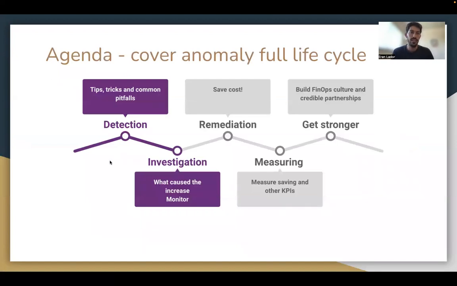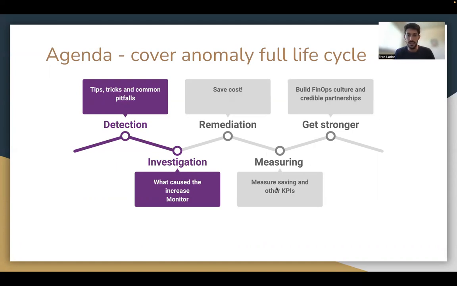So we're here to speak today about anomalies, anomaly detection, and spikes in cost. In this 20-minute session, I'd like to cover the entire life cycle of an anomaly. It starts with detecting, understanding that something has happened, and then we move on to investigate and understand what caused the cost, and then monitor, and then remediation, which is the part where we get to save cost.